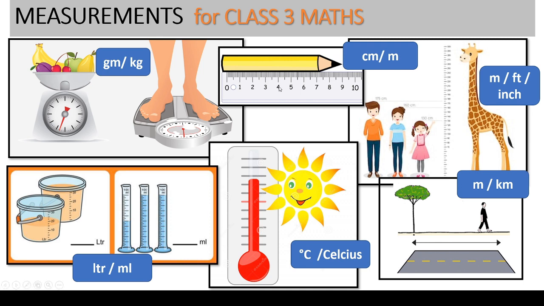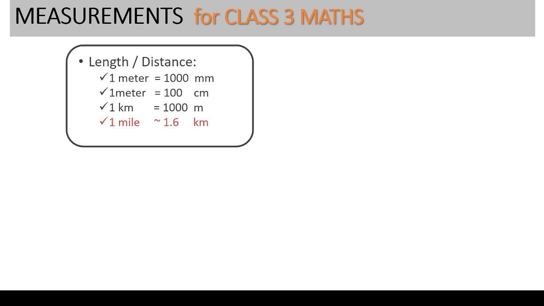After learning about these measuring units, it's time to learn about conversion of these measuring units from one form to another. Because for comparing, adding, subtracting any two measurements, they should be in the same unit. So let's look at the conversion for length or distance units. Here 1 meter, which is the standard measuring unit for length or distance, is equal to 1000 millimeter.